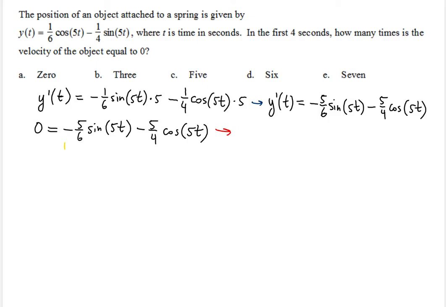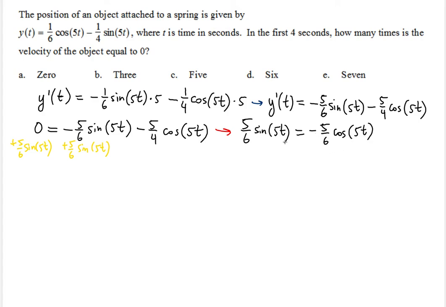So if I add 5/6 sine of 5t to both sides, look what happens as a result. 5/6 sine of 5t is equal to minus 5/4 cosine of 5t. All I did was bring this term to the left side, and I made it positive, of course, because I had to add on both sides. So as a result, the left side is no longer 0. It is 5/6 sine of 5t equal to minus 5/4 cosine of 5t.